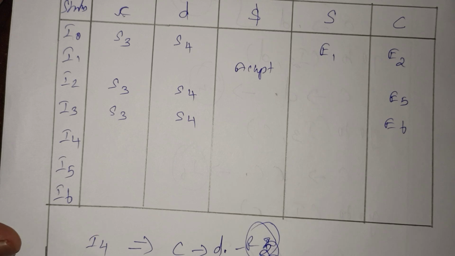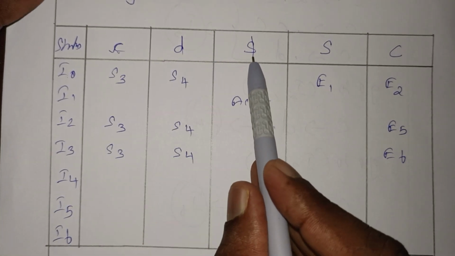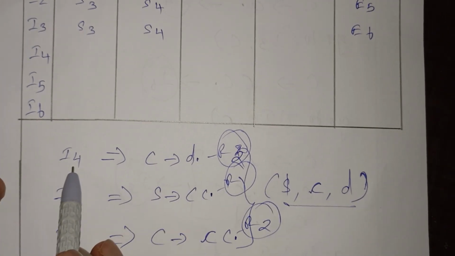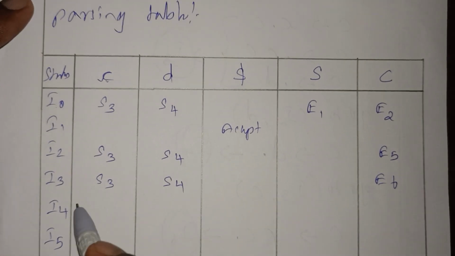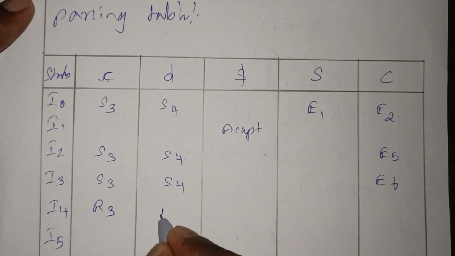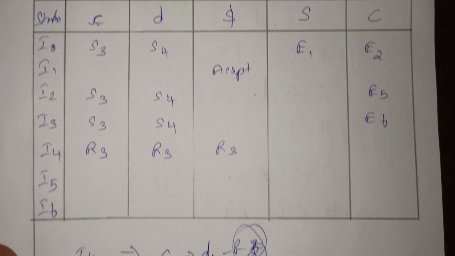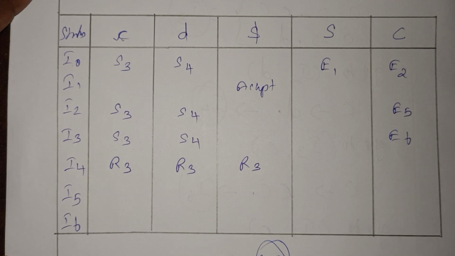It's very simple now. So we got small c, small d and dollar. What is iteration number 4? For iteration number 4, we need to apply R3, right? So we take small c, R3, small d, R3 and dollar is R3. So this is a reduced state, right? We need to mention that reduced, as I already discussed.